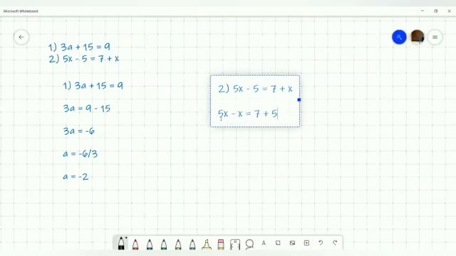So now our equation is 5x minus x is equal to 7 plus 5. Next, 5 minus 1 is 4. So we'll write 4x is equal to 7 plus 5 is 12. So now our equation is 4x is equal to 12.